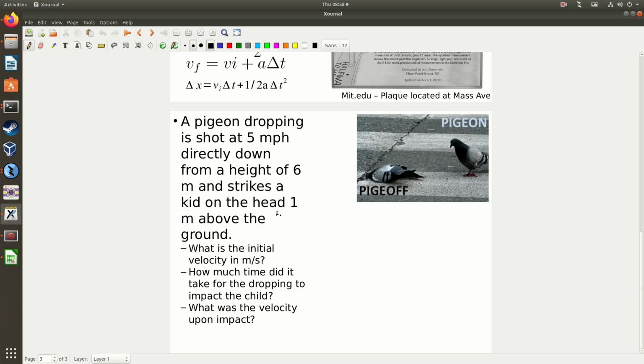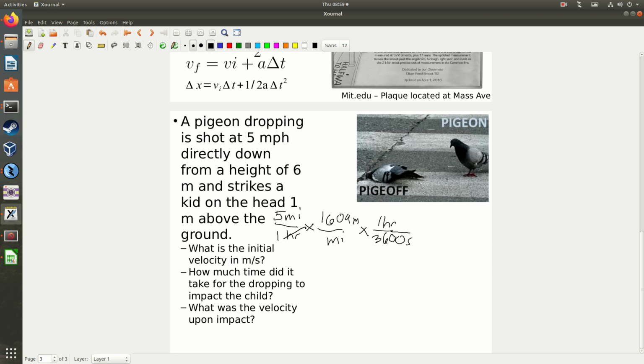So first things first, I'm going to try to convert that 5 miles an hour to meters a second. So I take 5 miles over 1 hour times, I know that there are 1,609 meters in a mile, and I know that for every 1 hour there are 3,600 seconds. Whoopsie, that is a 6, I need a 0. There we go.